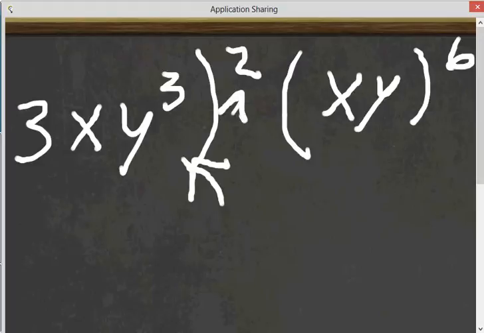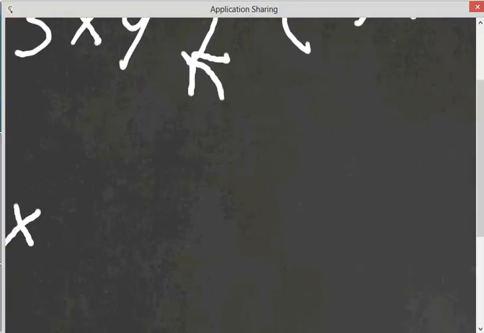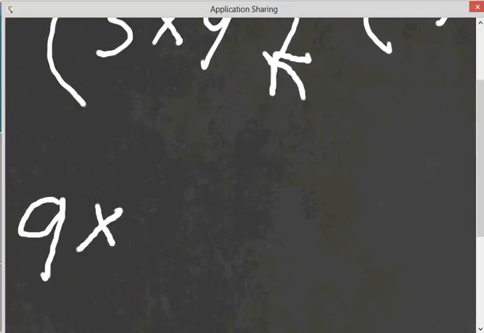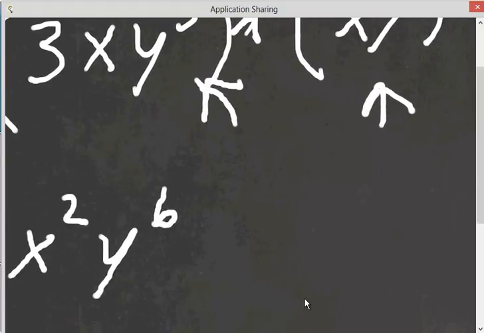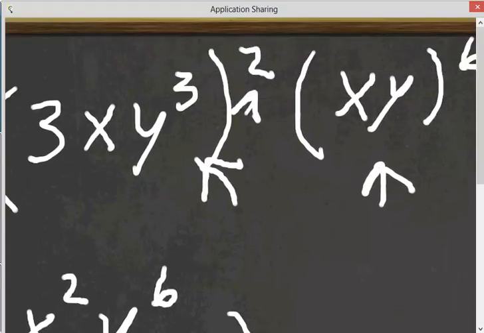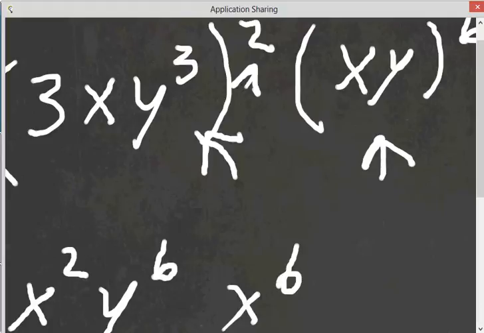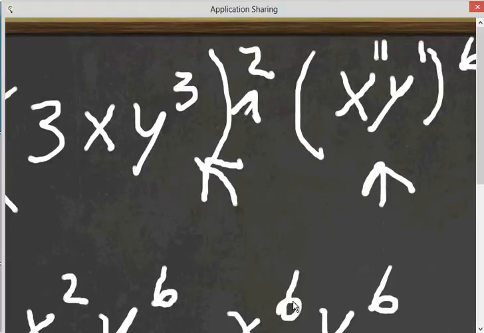While 3 squared is 9, x raised to the second power is x squared, and y cubed raised to the second power is 3 times 2, just 6, y to the 6th. Again, these all imply an exponent of 1, and we're multiplying.